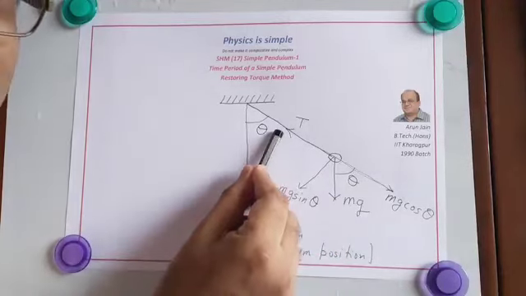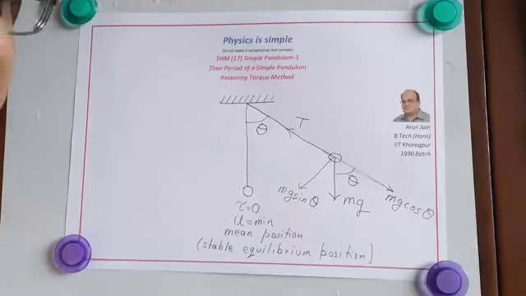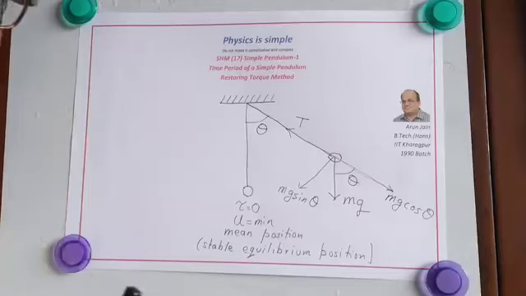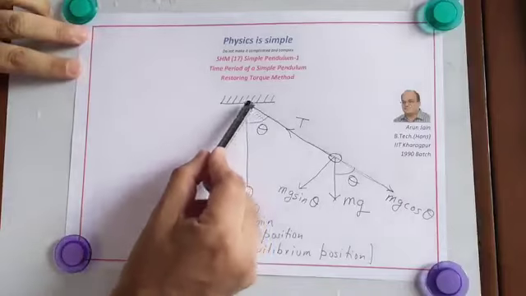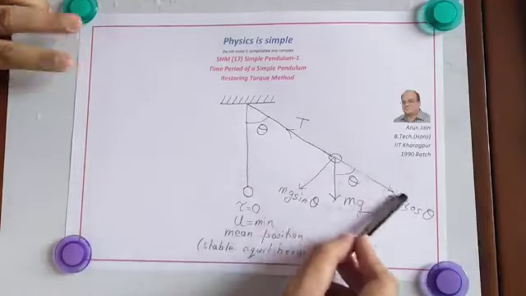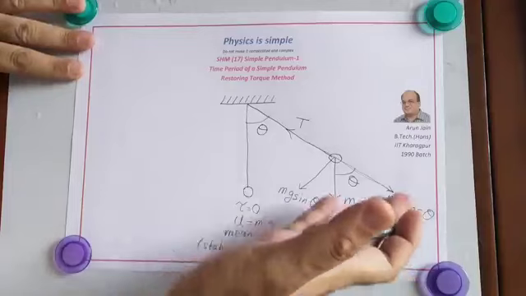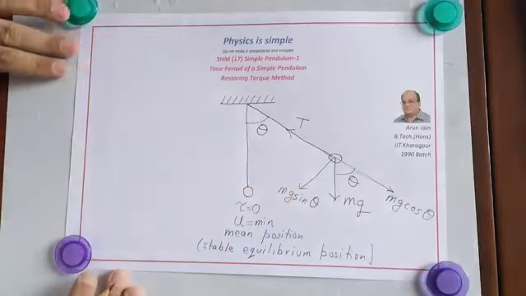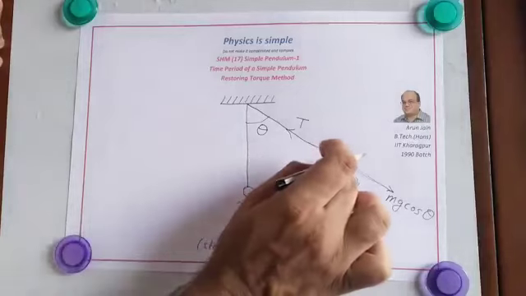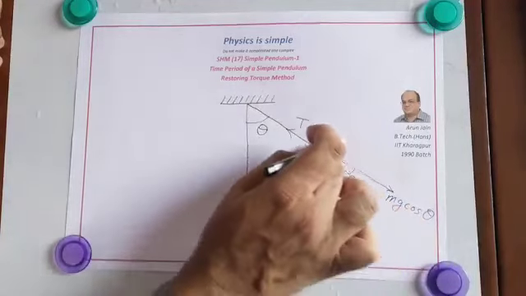In a conical pendulum, we resolve tension into components. For a simple pendulum, we resolve mg into components. So this side there is no acceleration, in the sense this may be having centripetal acceleration, but it is not actually moving in this direction.